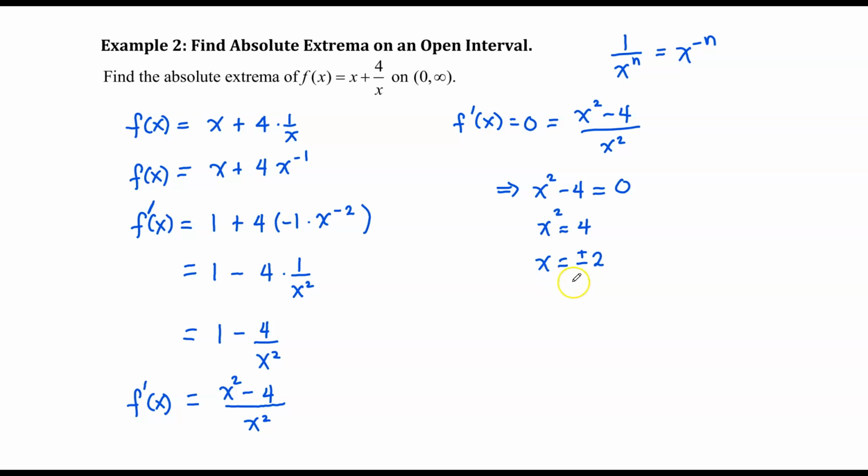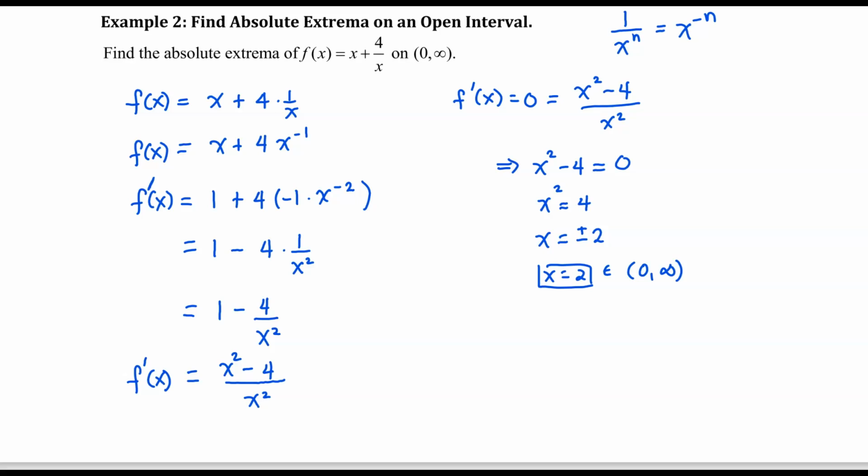So you have two values of x that will make your first derivative equal to 0. Then you go back and check your interval. Which of the two values of x is on this interval? We only have x equal to 2, which is on the interval 0 to infinity. The next step is to plug this value of x into the second derivative of our function.